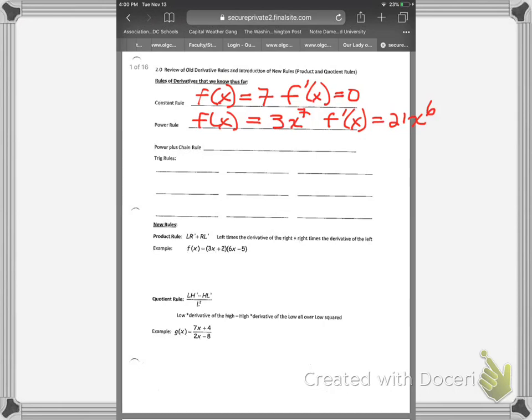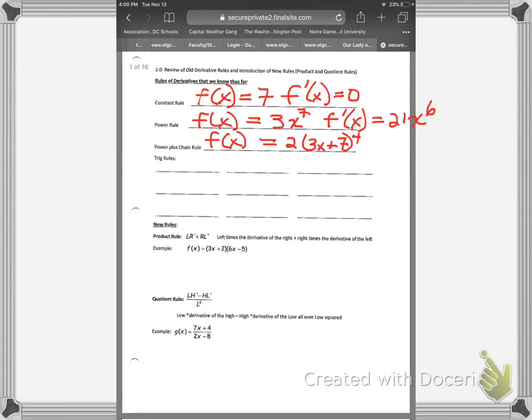When the chain rule gets involved, you have this kind of scenario. So what if f of x equaled, let's see, how about 2 times (3x plus 7) to the 4th.